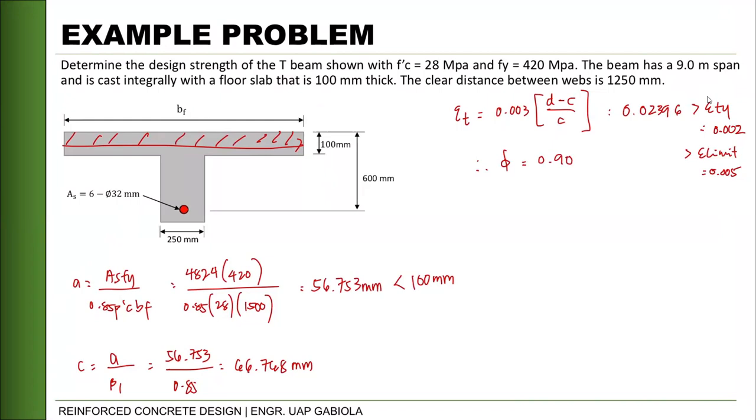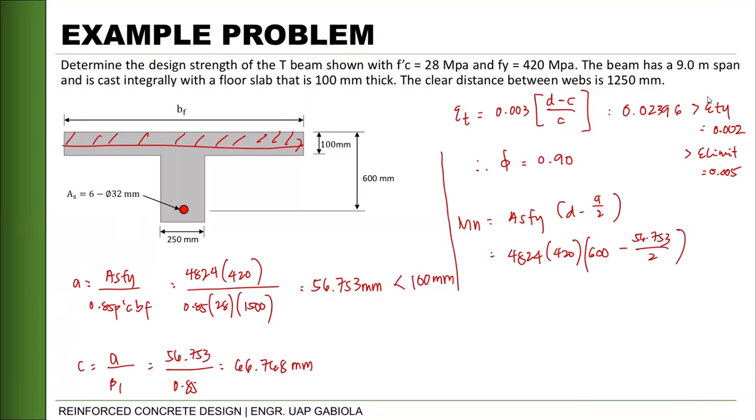Okay? Next is calculation of moment. So we have AsFy times D minus A over 2. So we have 4824, the area, times 420, times D natin is 600 minus 56.753 over 2. Okay? Then, divide that by 1 million para maging kilonewton meter yung value natin.